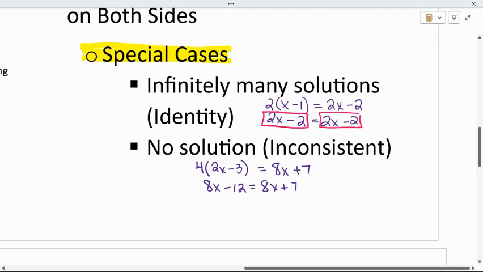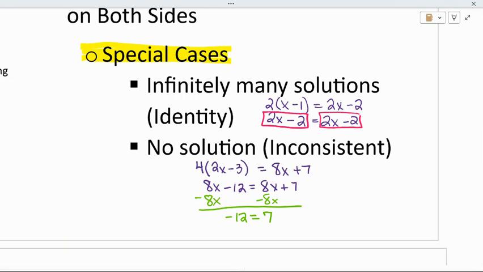In order to solve this, I would have to get the variables all together on the same side, right? So I'm going to subtract 8x from both sides. And what happens when I move the variables to one side, I end up canceling out the variables, and I get a statement that looks like that. So when does negative 12 equal 7? Never. So this is called inconsistent because it has no solution.